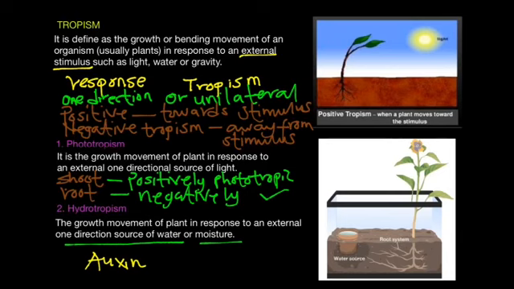So there will be reduced growth at the side facing the water, and the other side with a low oxygen concentration will increase in length, and that will cause the roots to bend towards the source of water. So low oxygen will favor root growth.